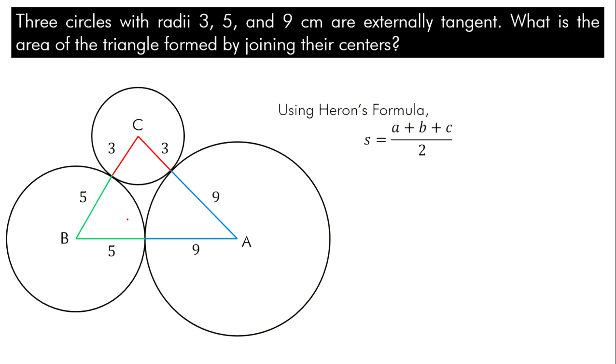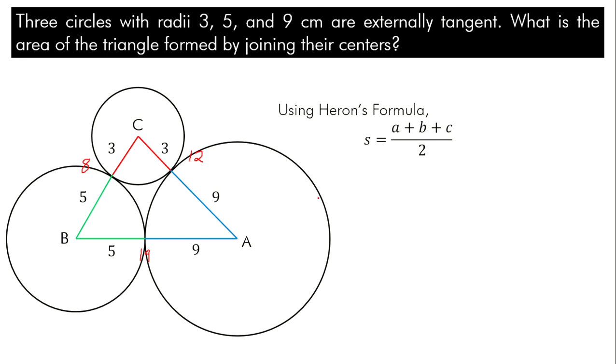So here we have, again, we need to use the semi-perimeter. So here, this side is 5 plus 3 is 8. So this side is 8. And then this side, 3 plus 9, that's 12. So this side is 12. And then 5 plus 9 is 14. So this side is 14.